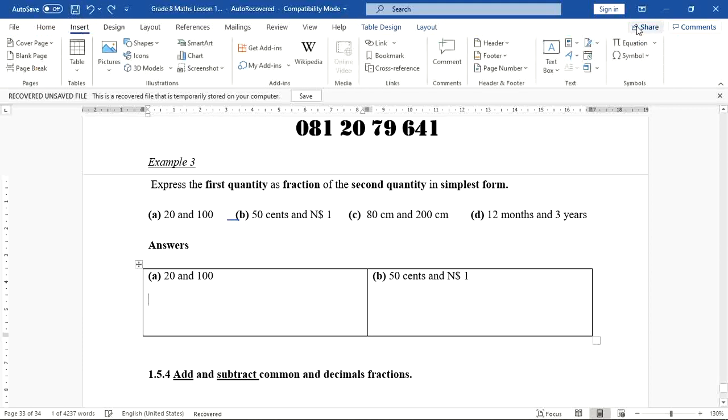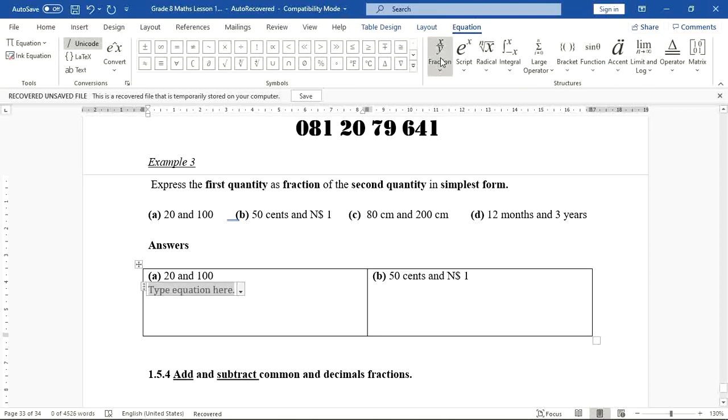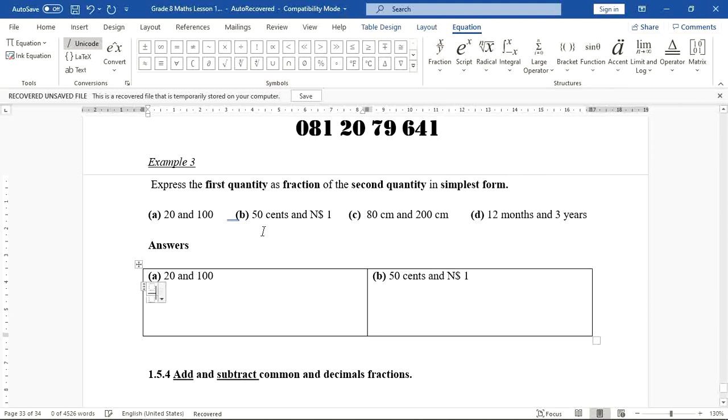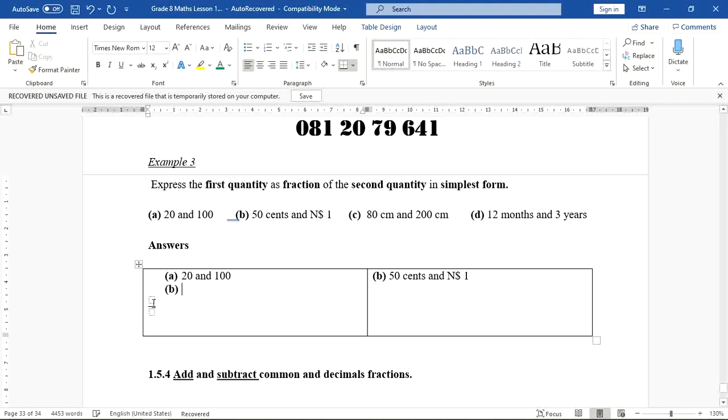So if we can insert the equation fraction. So we need more space. I'm just going to make it a little bit bigger. So this is going to be 20 over 100.